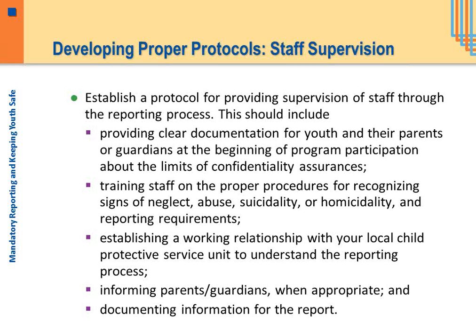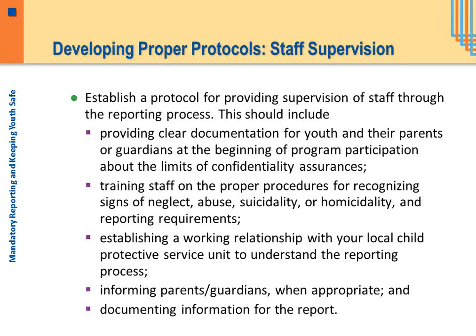You want to train staff on being able to recognize the signs that we've reviewed of maltreatment, of suicidality, of potential violence, and what the reporting requirements are for each. Through these kinds of trainings, you want to develop a relationship with your local Child Protective Service unit, as well as law enforcement, so you also have contacts with them.